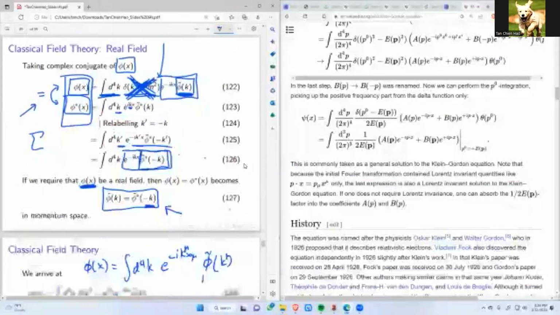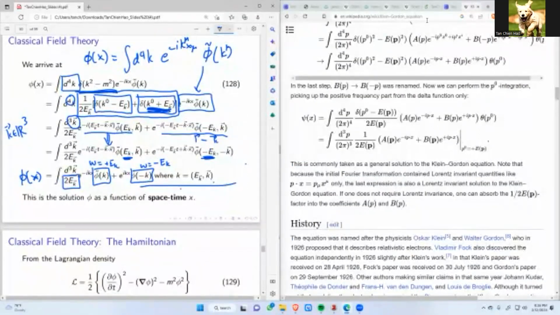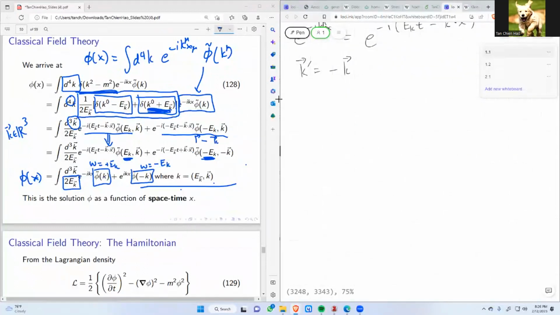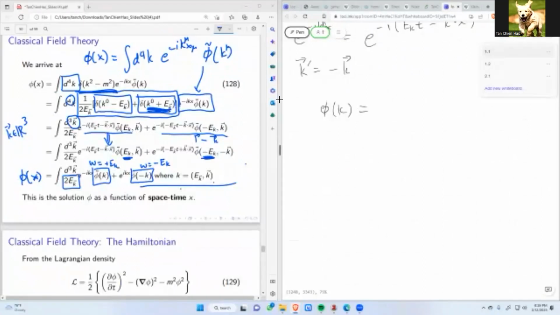Does this make sense? Essentially what that is saying is that if the field must be real, then, let me say it clearly, this one is the positive frequency.